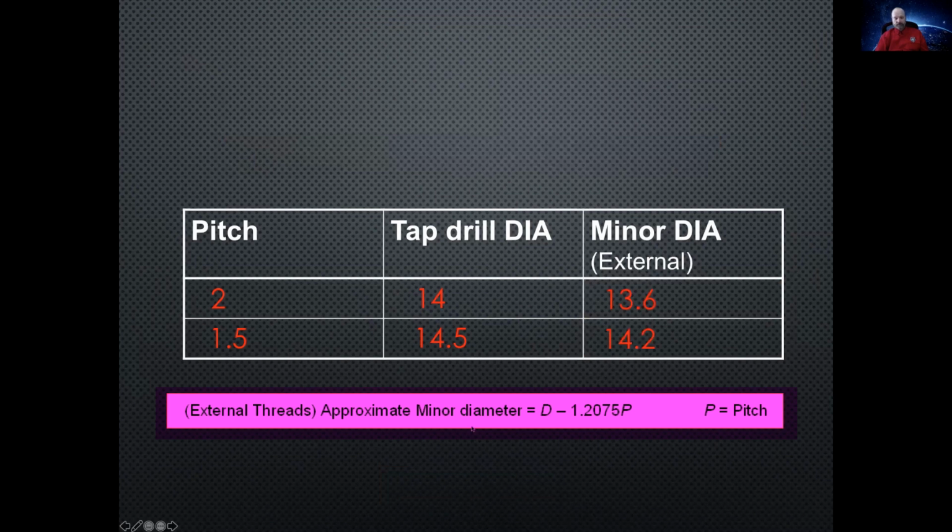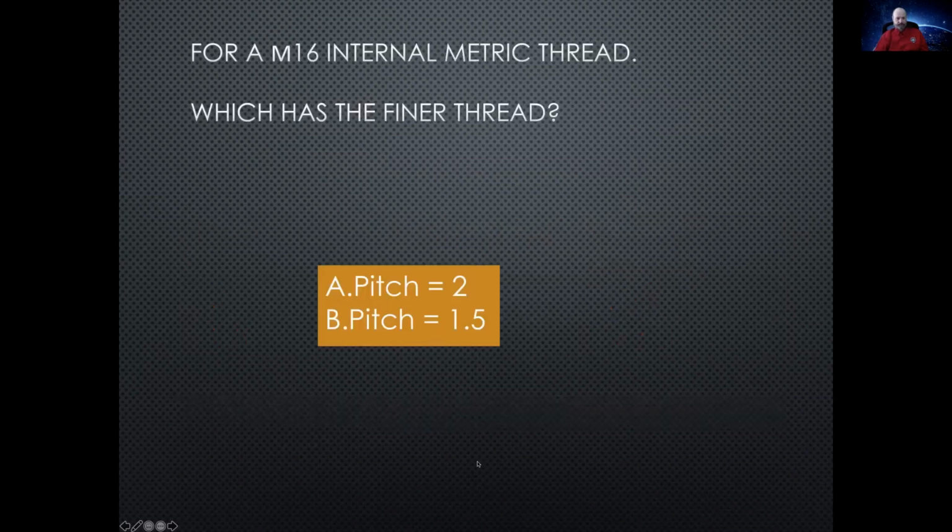Okay, this is where approximate minor diameter comes into play. So your minor diameter for the external thread is going to be a little bit smaller than the tap drill diameter. Okay, you need that extra space. All right.